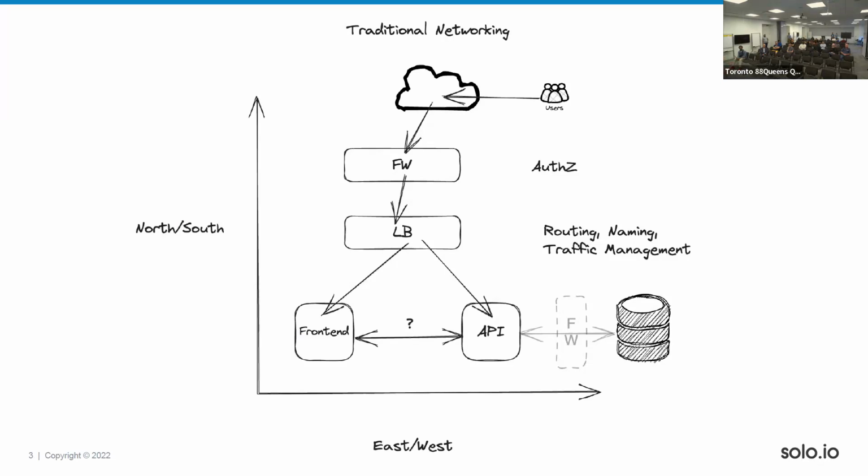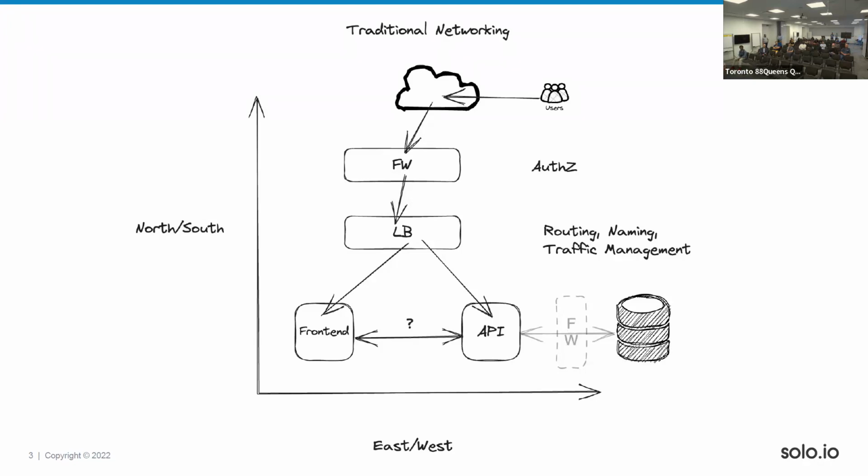What we have here is two different axes. We've got north-south, which is traffic that usually originates externally and comes into your network. And then we have the east-west axis, which is traffic going from left to right, or backwards and forwards.